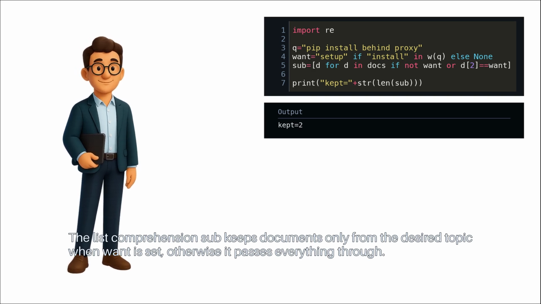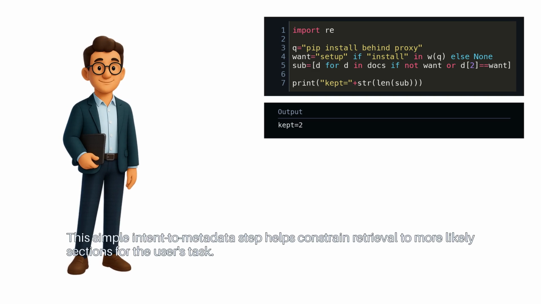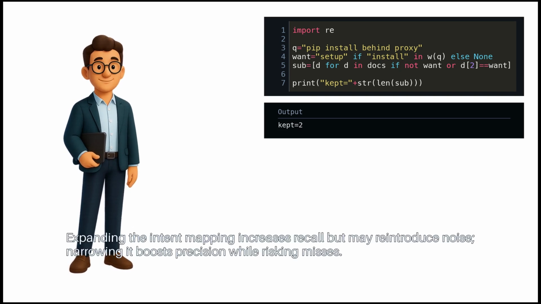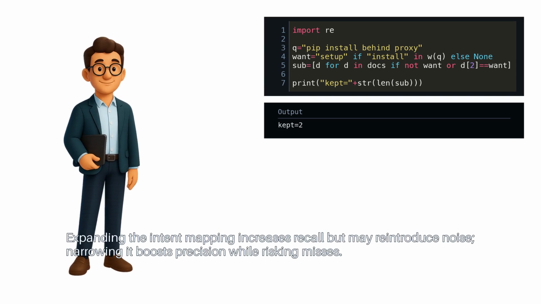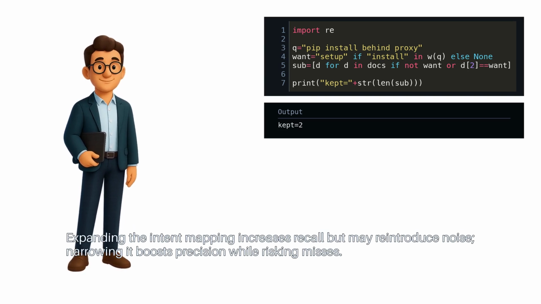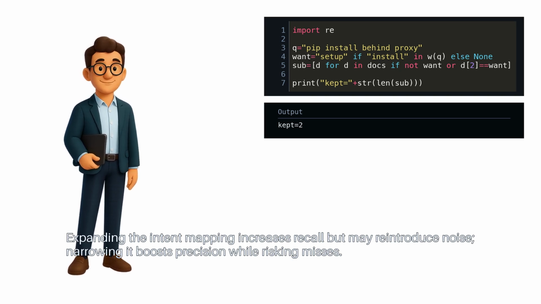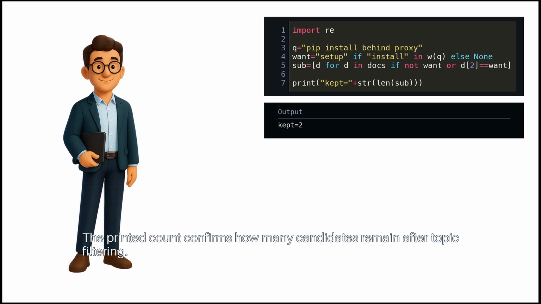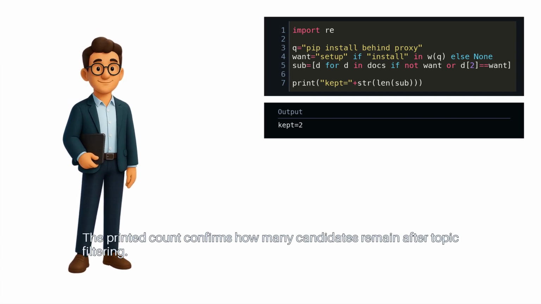Otherwise, it passes everything through. This simple intent to metadata step helps constrain retrieval to more likely sections for the user's task. Expanding the intent mapping increases recall but may reintroduce noise. Narrowing it boosts precision while risking misses. The printed count confirms how many candidates remain after topic filtering.